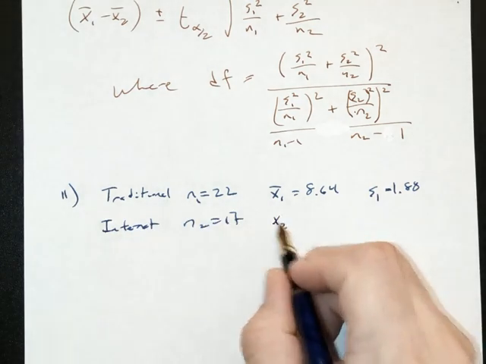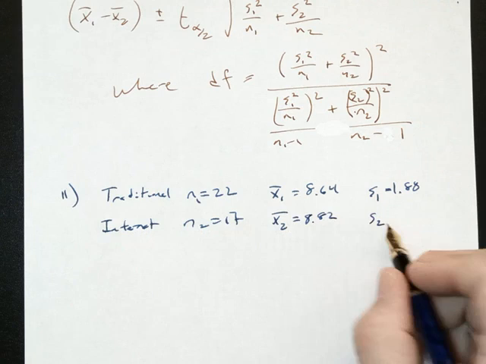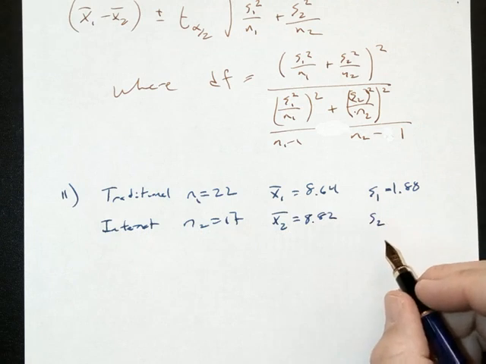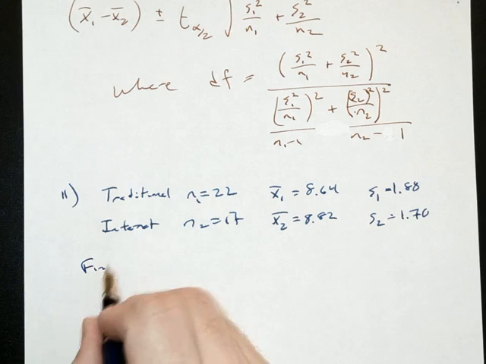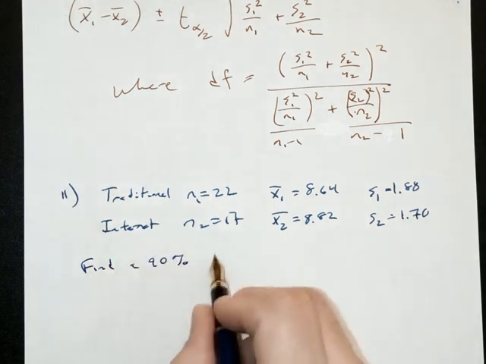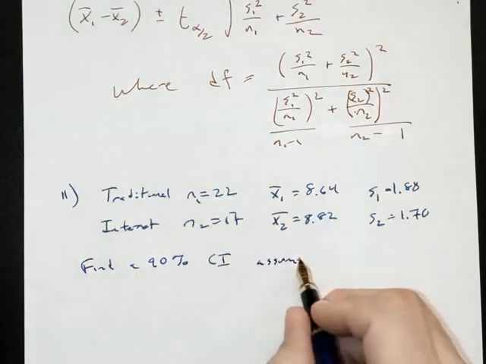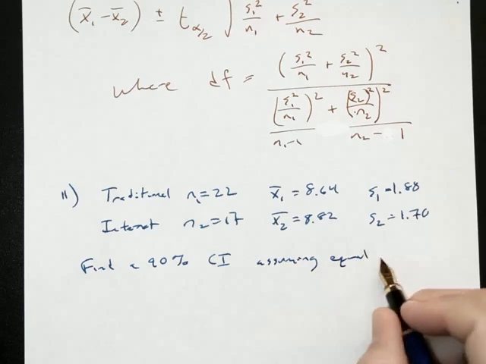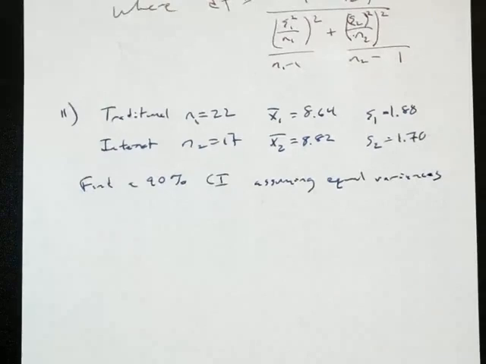The average was 8.82 with a standard deviation of 1.70. I want a 90% confidence interval, assuming equal variances.